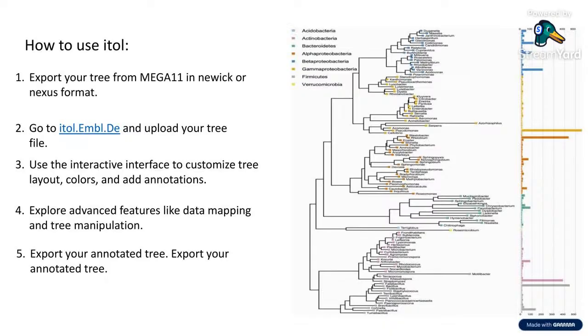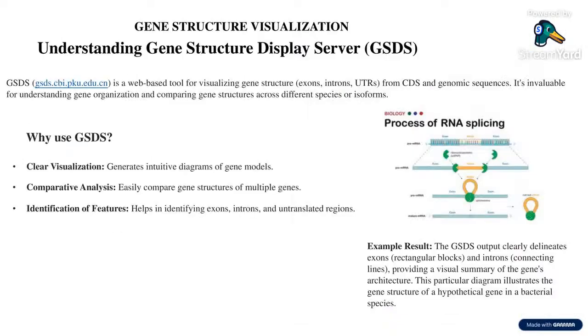And the next slide is all about GSDS, gene structure visualization, in which GSDS means Gene Structure Display Server. Gene Structure Display Server is a web tool based at gsds.gao-lab.org.